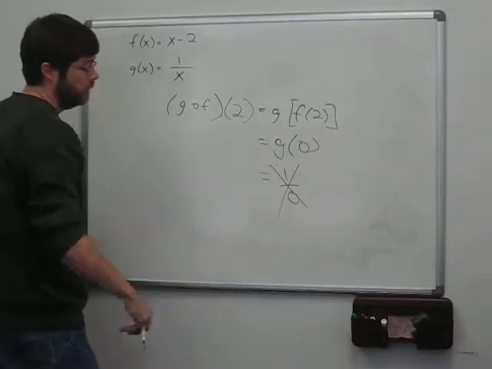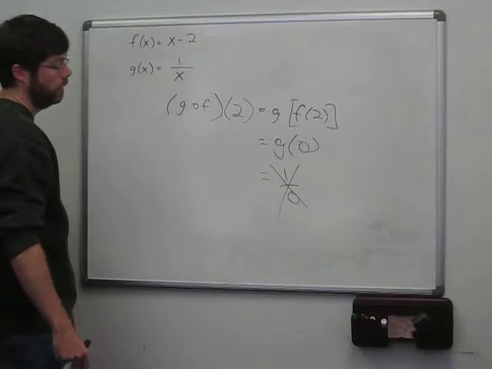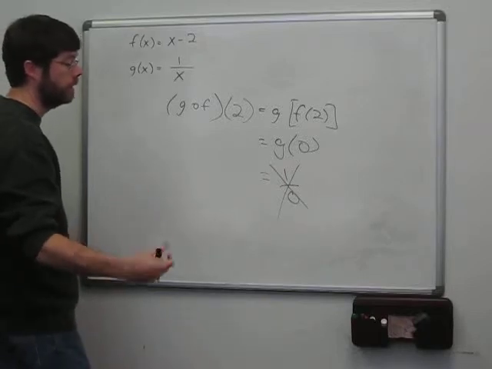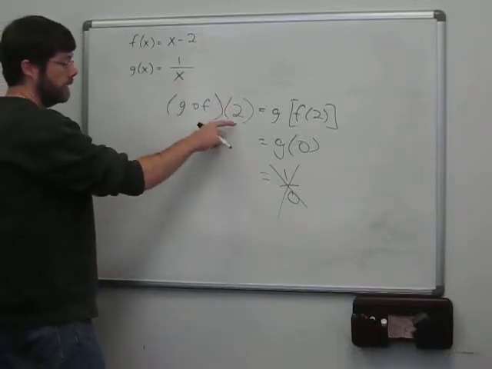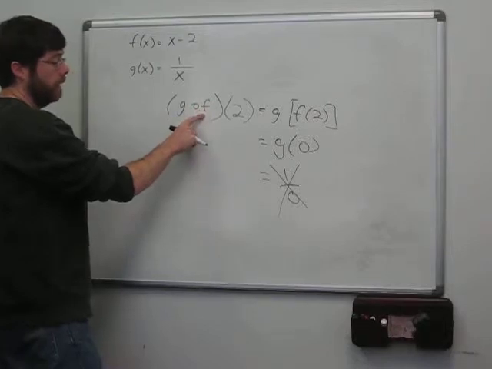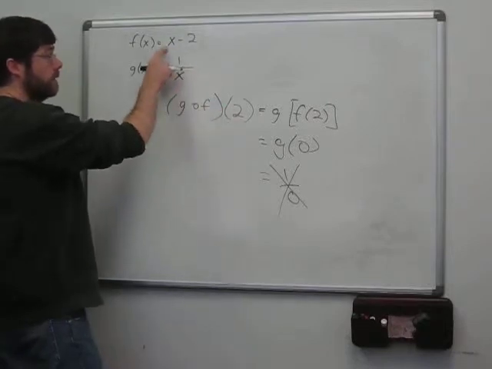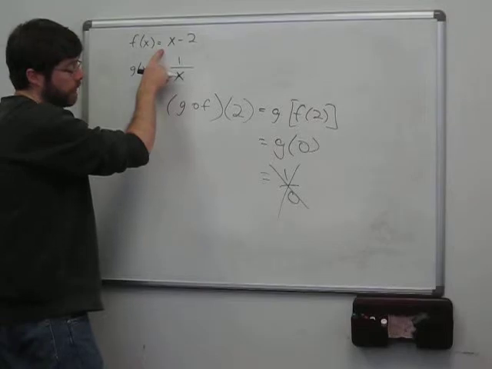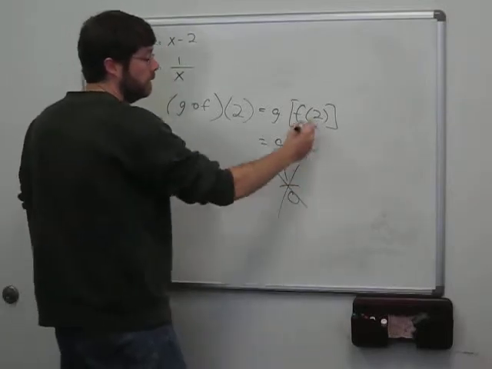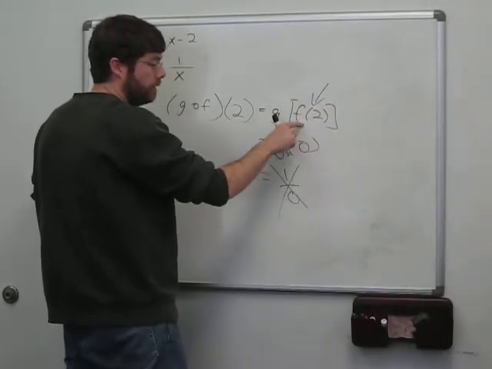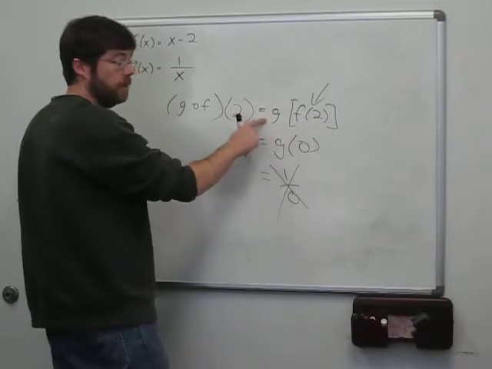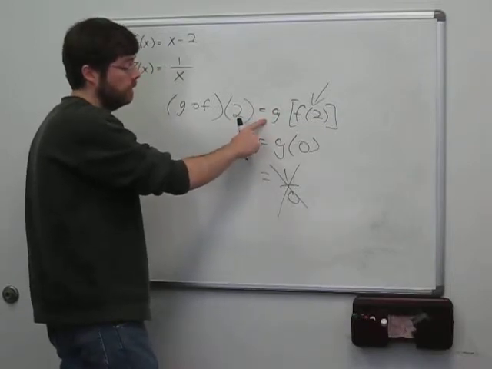In the first video, the thing to be concerned about that we pointed out was that the x value had to be in the domain of f. Here, 2 is definitely in the domain of f. But the problem is that f of 2 is not in the domain of g.